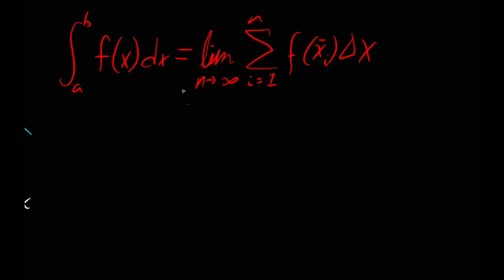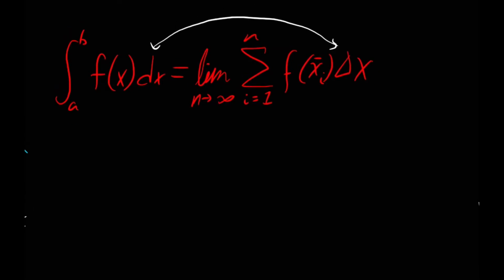This is actually the first step in learning how to solve integrals. Now, for right now, we're going to say that this dx and that delta x are essentially the same thing. They're noting the same thing.